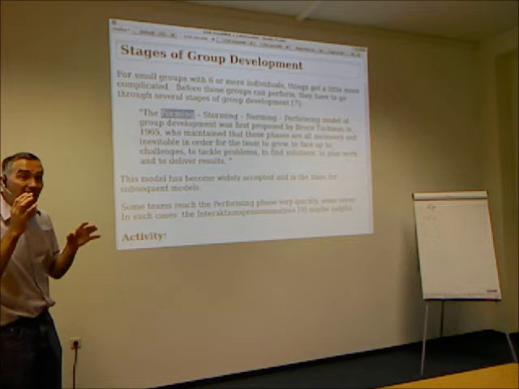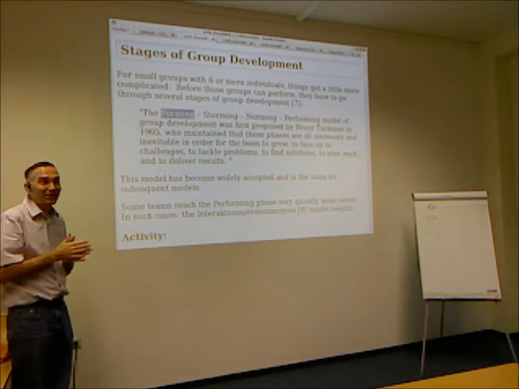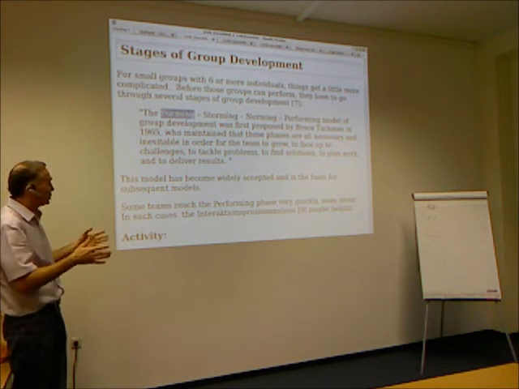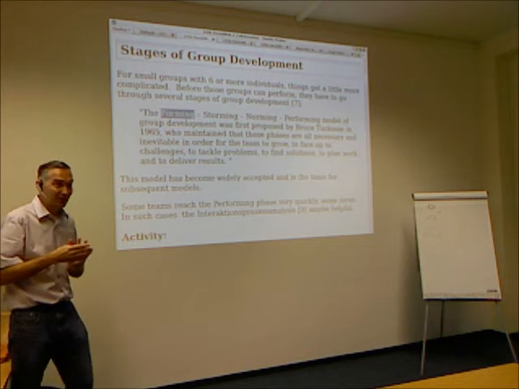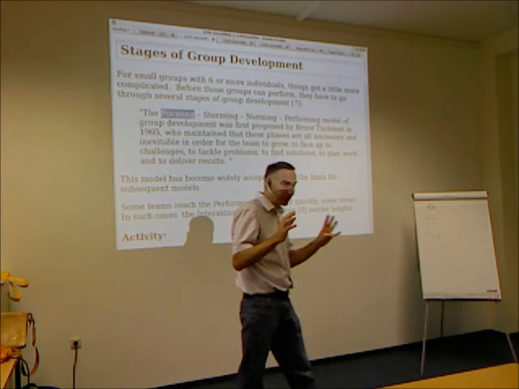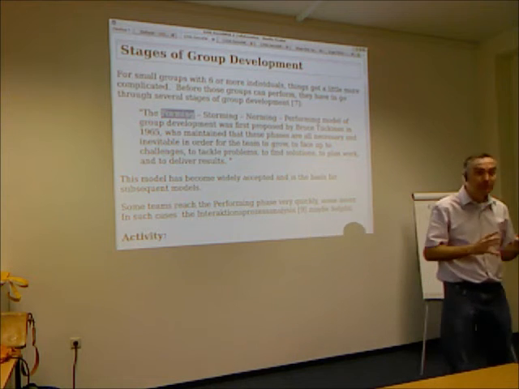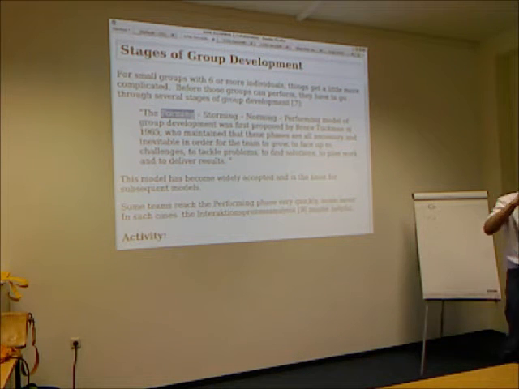It's called the forming stage, the storming, norming, and performing. So there are 4 stages here. The forming stage is when the group forms. People get together, and I told you, you are one group.